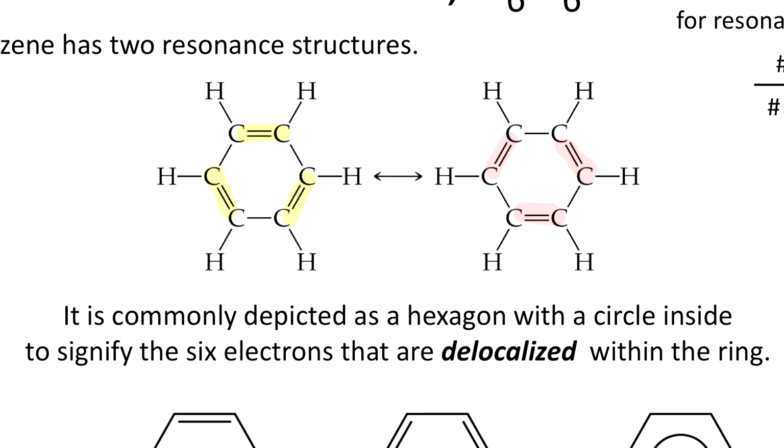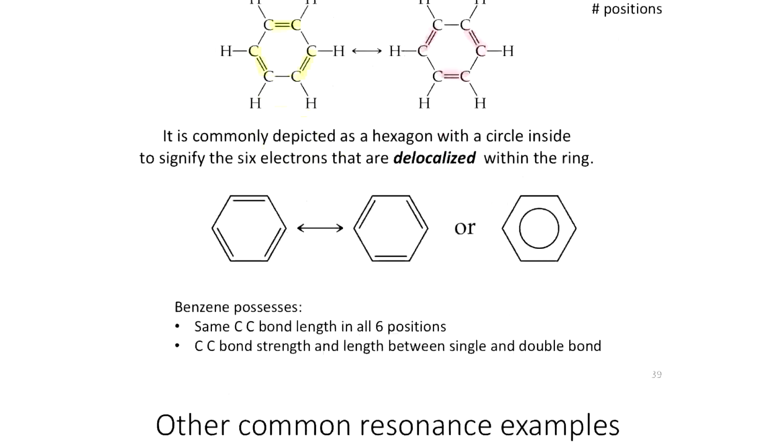And it's not that the double bonds are swapping places between these two carbon atoms, it's that the double bonds actually exist across the entire molecule all at the same time, right? So if you measure a benzene molecule, you're not going to find a short, long, short, long, short, long carbon-carbon bond.